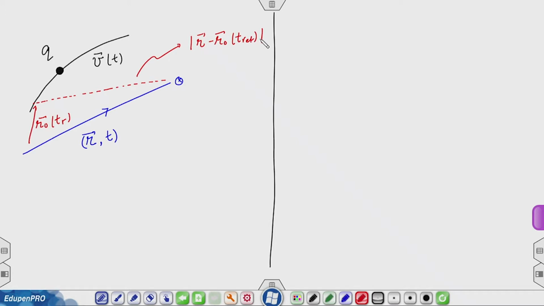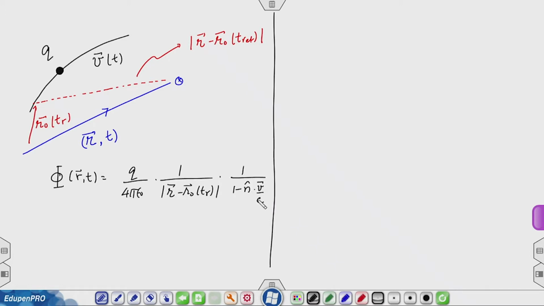So, whatever I see at time t at this point is given out by the charge at a position which is slightly earlier than its current position, and the expression for the scalar potential phi(r, t) is equal to q over 4 pi epsilon 0, 1 over modulus r minus r naught at t retarded, times 1 upon 1 minus n dot v over c, where n is the unit vector in the direction of r minus r naught at t retarded divided by the distance itself.